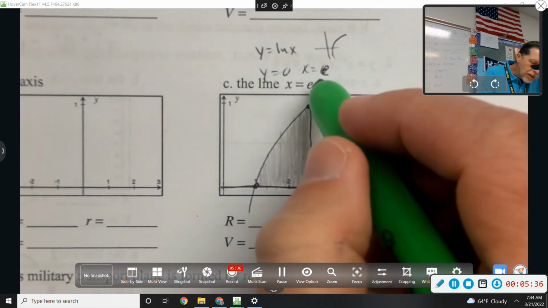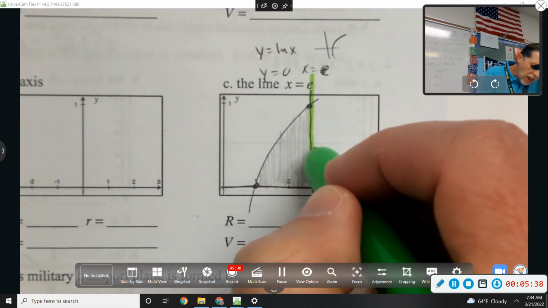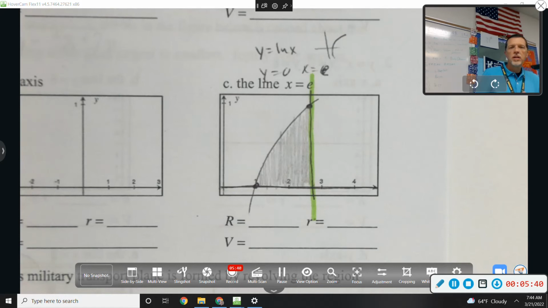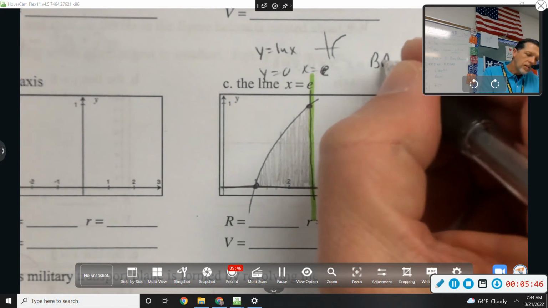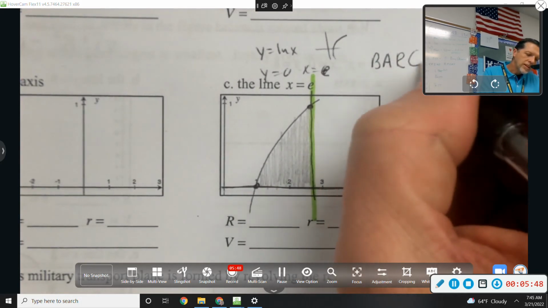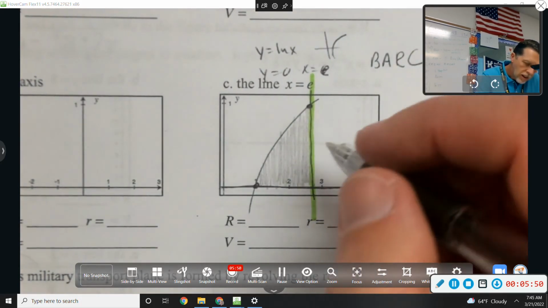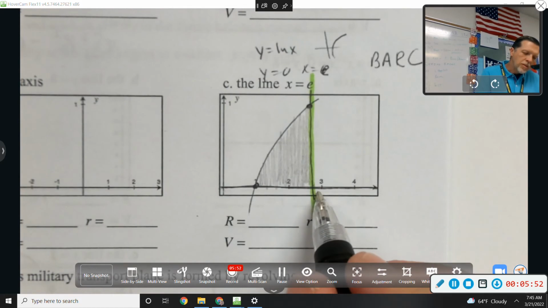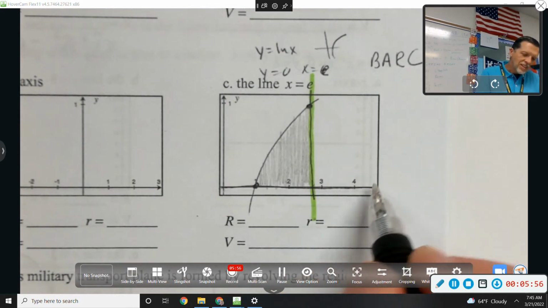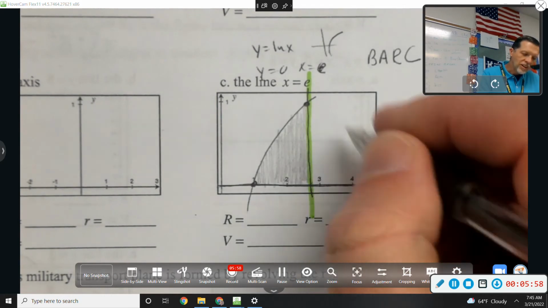For C, we're going to rotate around x equals e. So there's my axis of rotation. Base, axis, reflect it, and then draw circles. So if I'm reflecting across 2.7, then I don't know where this hits over here, right?